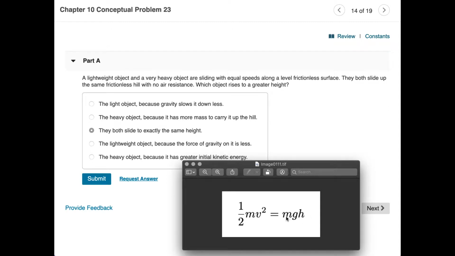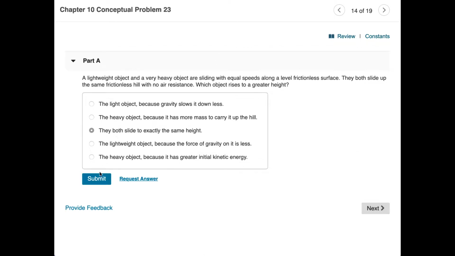But when I write it as conservation of energy, the initial energy equal to the final energy, notice that the mass cancels in the equation. If I solve for the final height in each case, it would be the speed squared divided by 2g, and both objects have the same speed, and therefore they slide to exactly the same height.